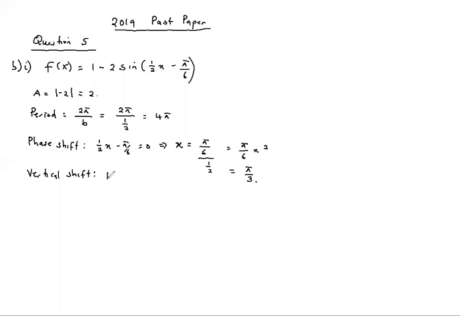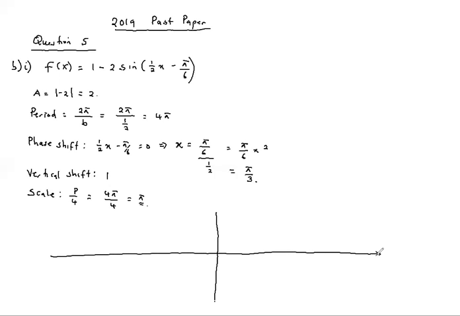Okay, so now because I want to start sketching, we also need to find the scale. Remember, the scale is the period over 4 for functions sine and cos, sec and cosec. So the period here is 4 pi over 4, which is pi. So we're going to sketch the graph with that period and with the scale pi.